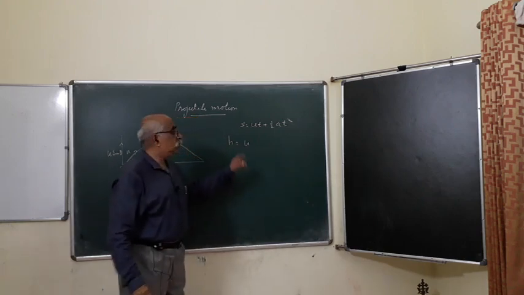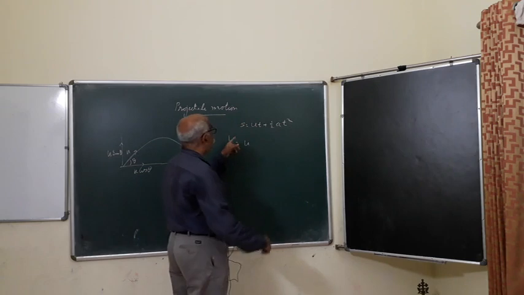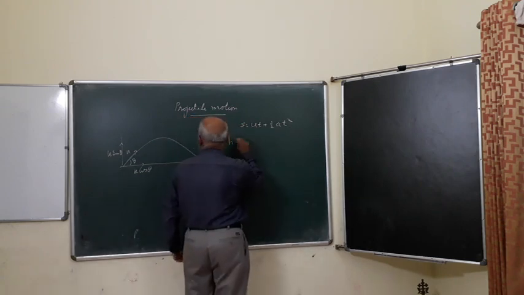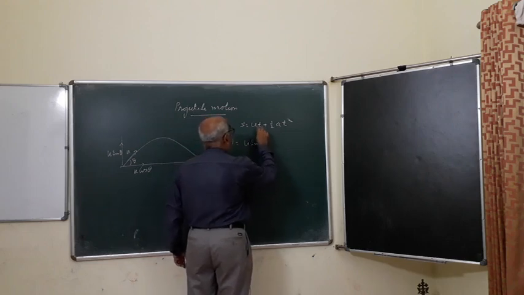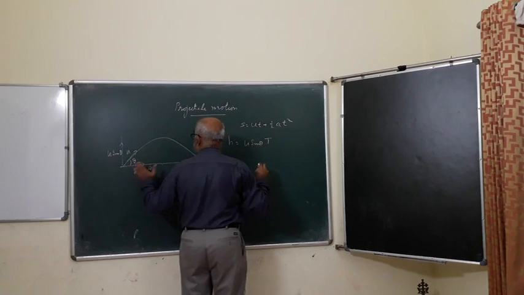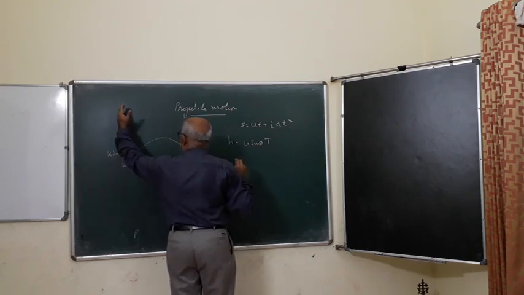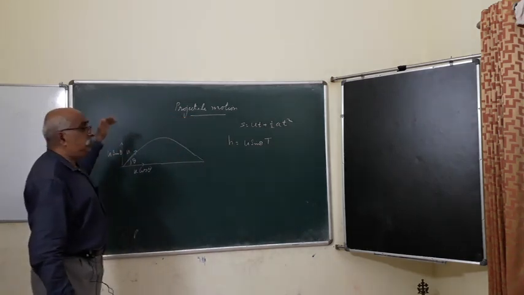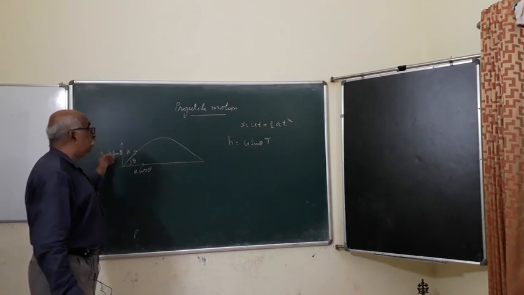In the one-dimensional case, s is equal to ut plus half at square. Here, instead of s, we are using h. Instead of u, you have u sin theta. And the t here is the time of flight, the time taken by the vertical component of the velocity to go to zero and again regain its original value, going up and coming downwards.